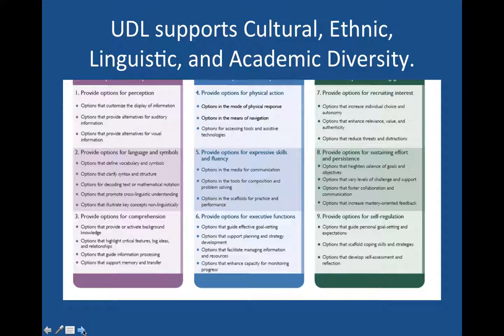Since it is designed to support cultural, ethnic, linguistic, and academic diversity, that is at the core of UDL. You can offer options that customize the display of information, options that provide alternatives for auditory or visual information. You can provide options for language and symbols.